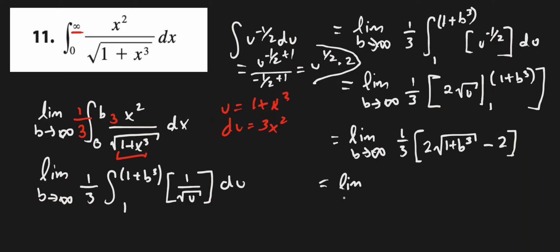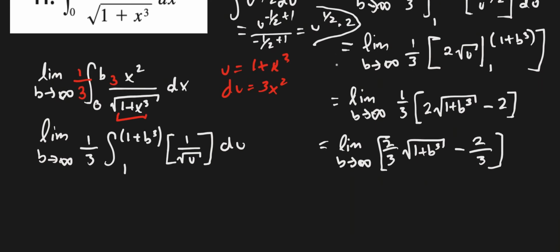This is equal to the limit as b approaches infinity of 2/3 root of 1 plus b cubed, minus 2/3. Okay, this just becomes the limit as b approaches infinity. 2/3 we can push out, and then this is just root of 1 plus b cubed.